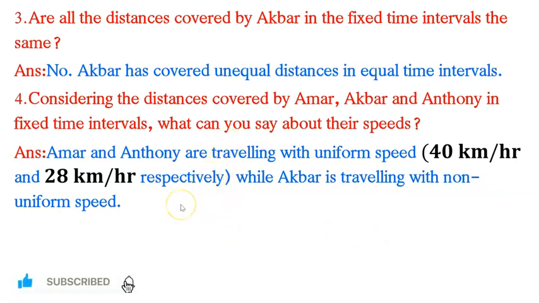Therefore, in 1 hour, he will cover a distance of 28 kilometer. Therefore, the speed of Anthony is 28 kilometer per hour. While Akbar is traveling with non-uniform speed. अकबर नॉन युनिफॉर्म स्पीड मध्ये आहे, परंतु अमर आणि अँथनी हे दोन्ही युनिफॉर्म स्पीड मध्ये आहेत.